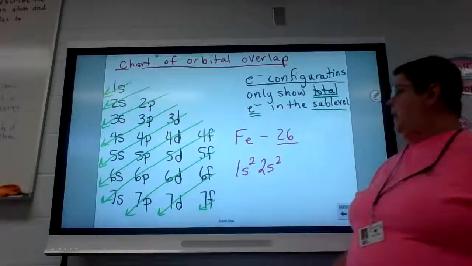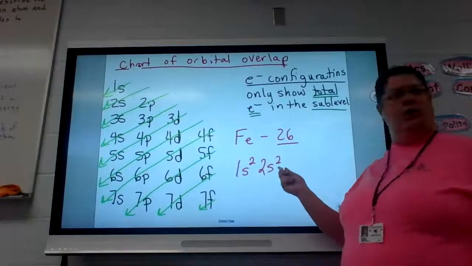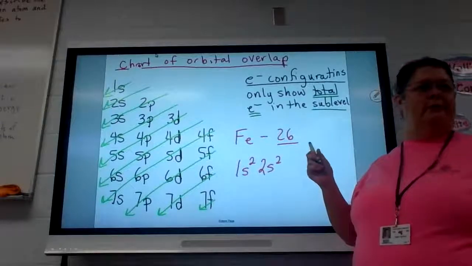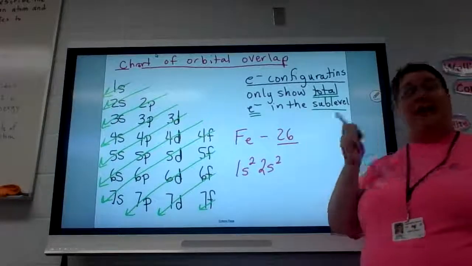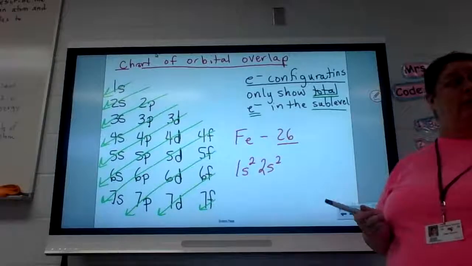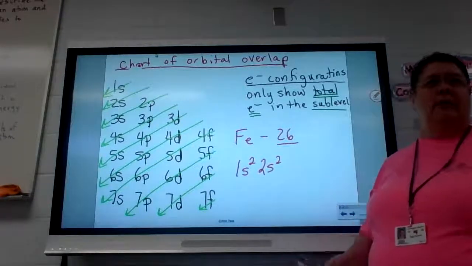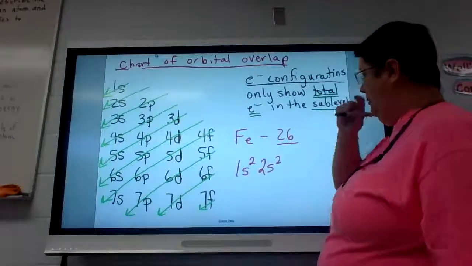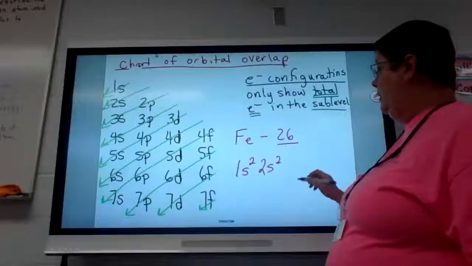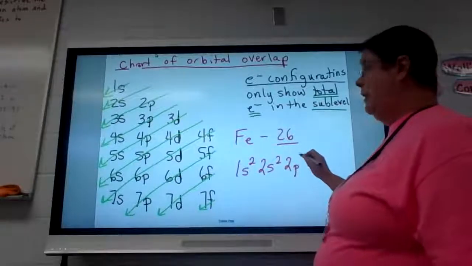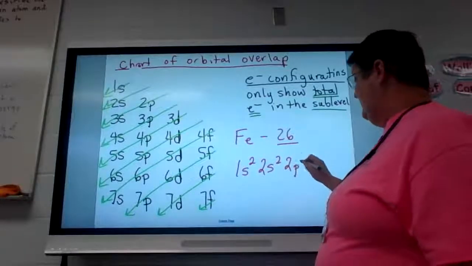All right, so we've placed 2 plus 2, which is how many? 4. Now, next in the chart, 2p. How many electrons can p hold? 6.